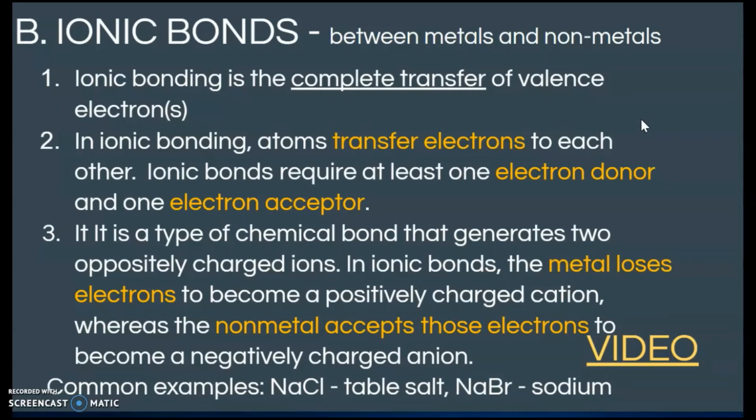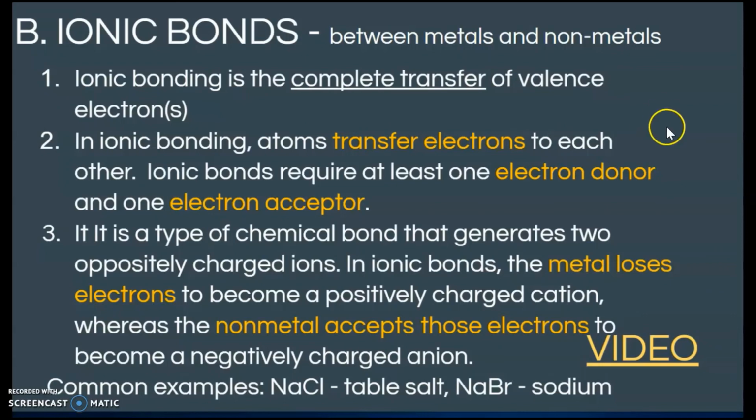Now remember, we said an ion is when the number of protons in the nucleus is different than the number of electrons. And so you think about it, if we have a neutral atom and one of the electrons goes away, then that atom becomes positively charged. And if the atom receives an extra negative electron, it's going to become a negative ion, and then those would attract to each other.